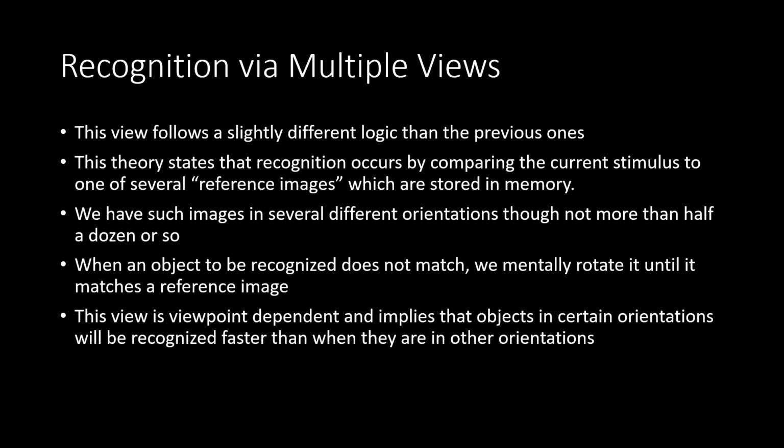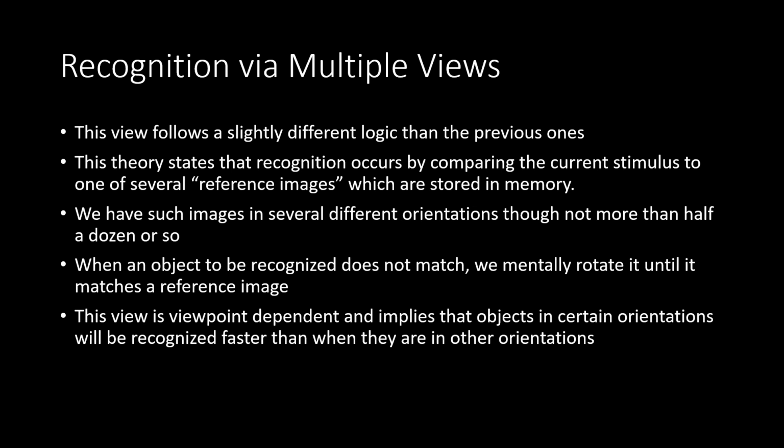Looking at the second of the visual models, this is called recognition via multiple views. And the logic here is a little bit different than the previous models, even though it ultimately also works in that similar fashion of basic features being used to construct an ultimate object.